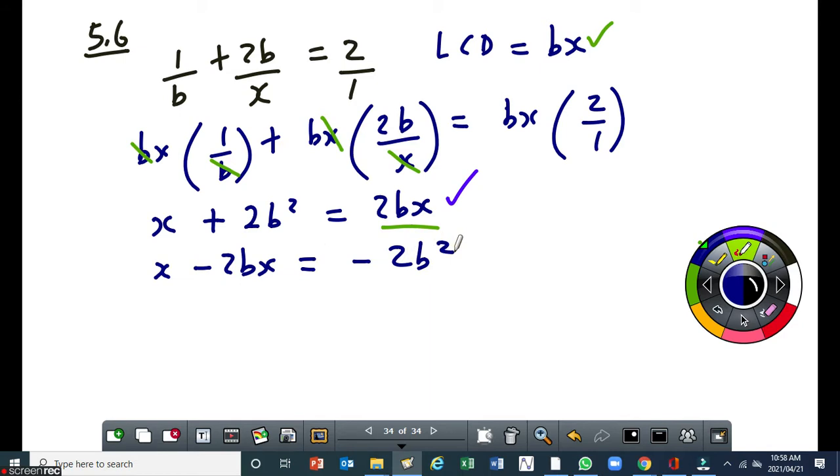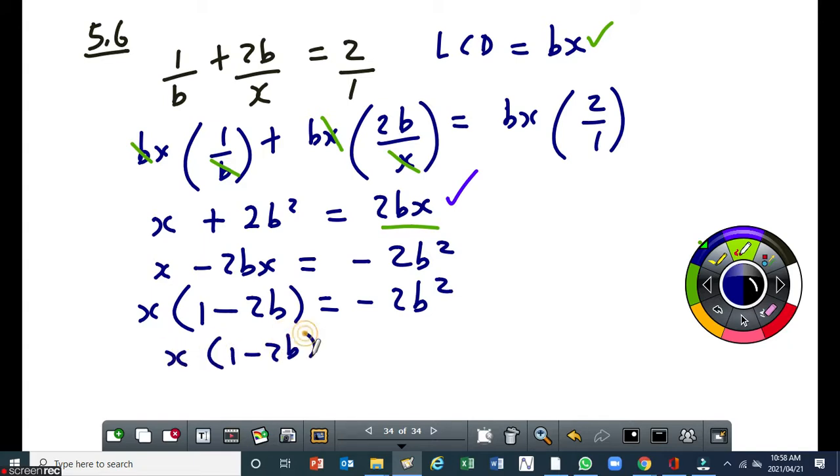Then on the left hand side, I have to take out a common factor, so it becomes x times 1 minus 2b is equal to minus 2b squared. Then I have to divide both sides by 1 minus 2b, so I'll end up having x times 1 minus 2b over 1 minus 2b equal to minus 2b squared all over 1 minus 2b.